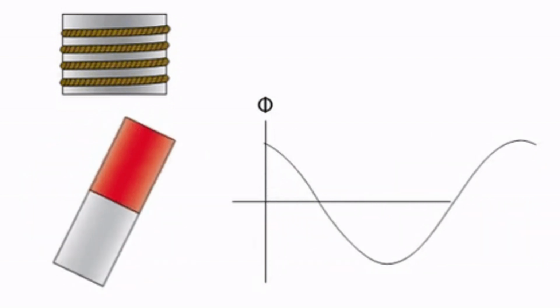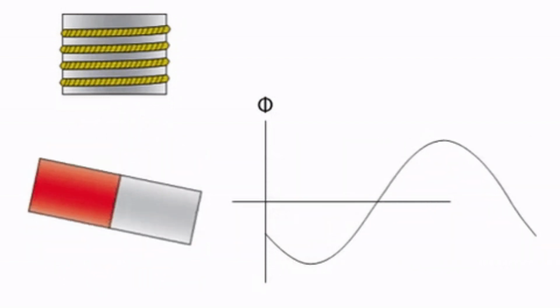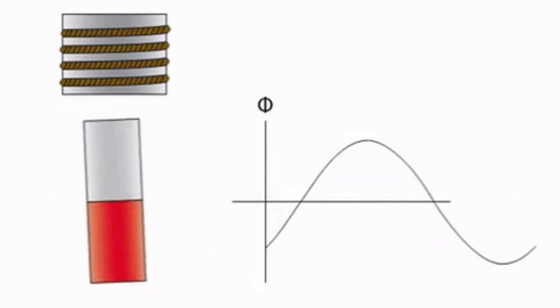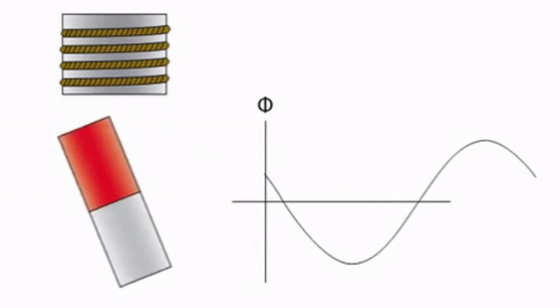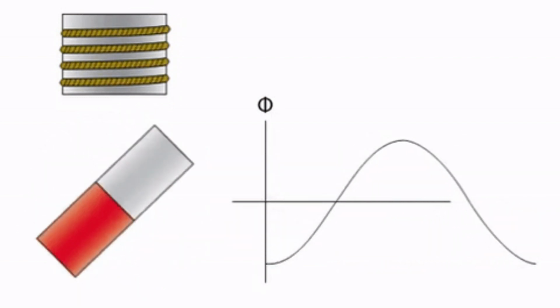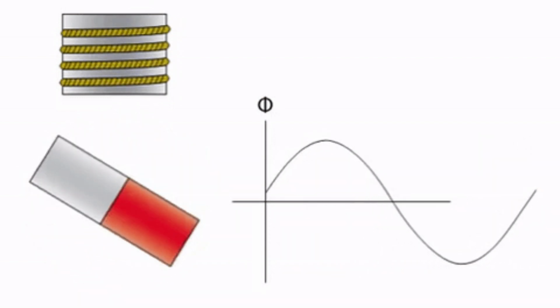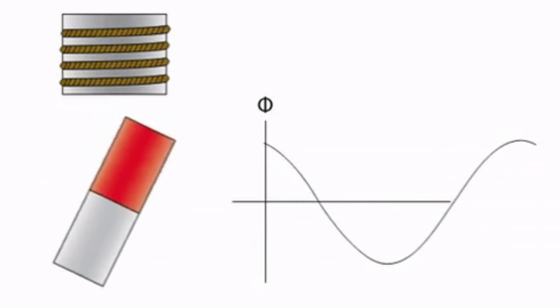Another factor that affects the strength of the electromagnetic field is the amount of current flowing through the wire. An increase in current flow will cause an increase in the magnetic field strength.